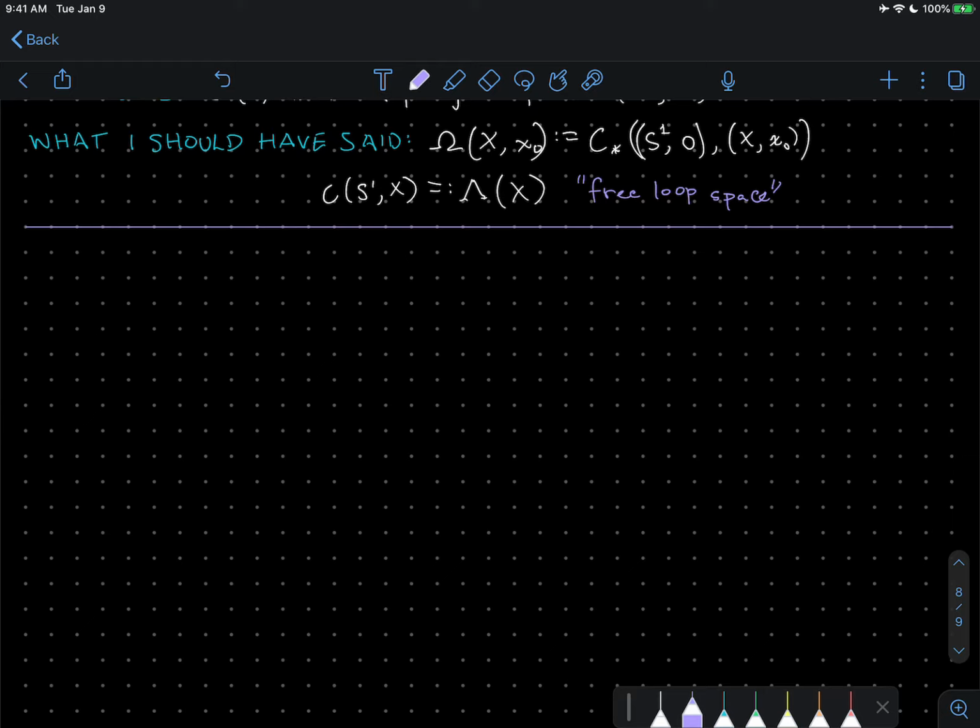Now let's give a proof of the exponential law. The proof that I'm going to give is following Bredon's amazing topology book, which is called just Geometry and Topology.